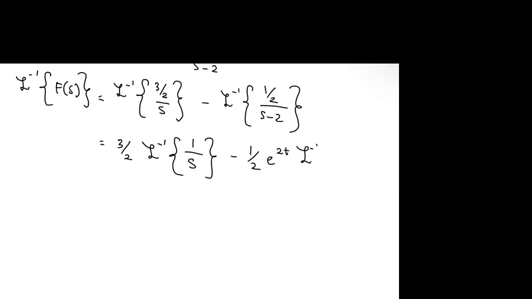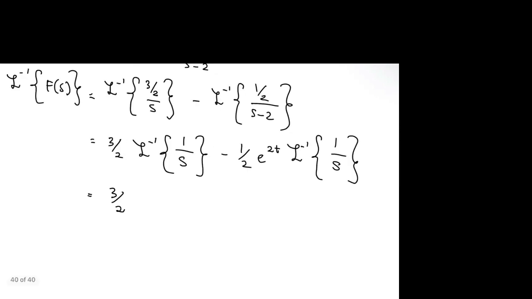So here you have 1 over s. So 3 over 2, the inverse Laplace of 1 over s is 1. So 3 over 2 times 1, minus 1 over 2 exponent 2t times the inverse of 1 over s, which is also 1.